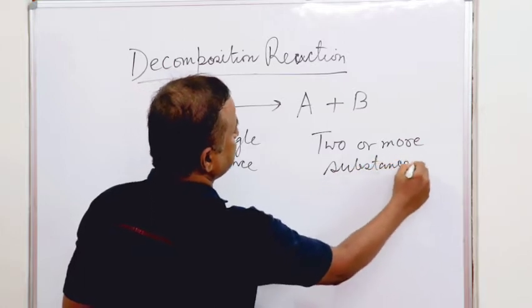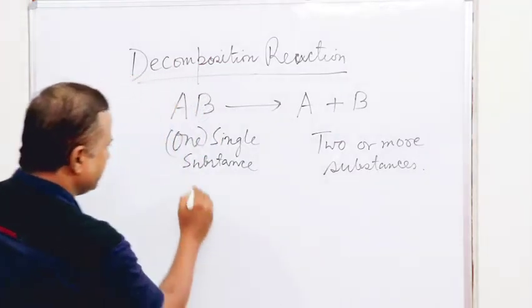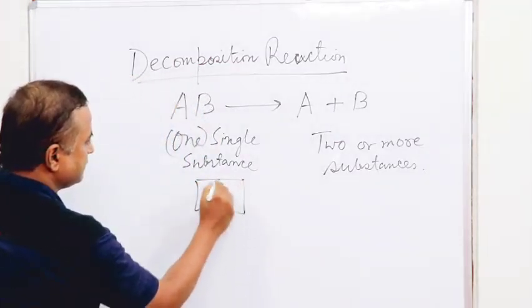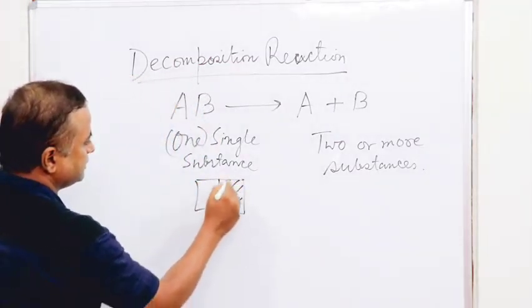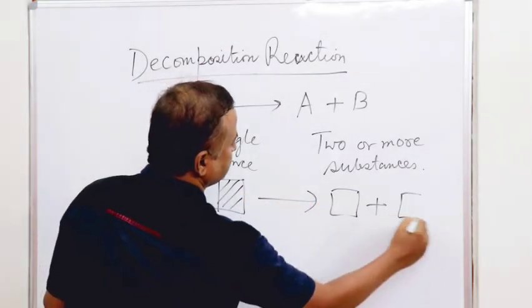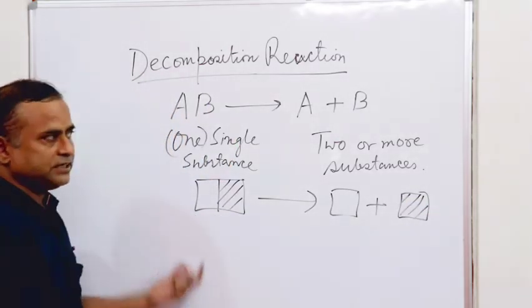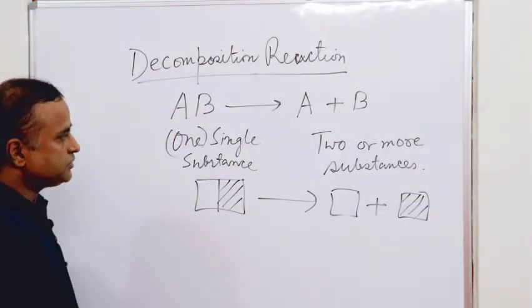So this is the criteria to identify decomposition reaction. We can represent it in this way. We draw a box like this, and if it breaks in this way to give us two substances, we say that it is a decomposition reaction.